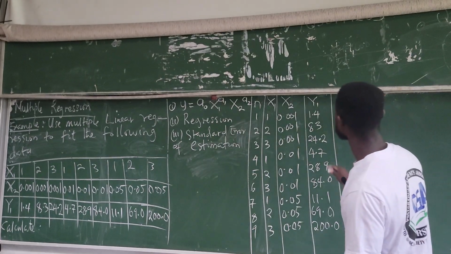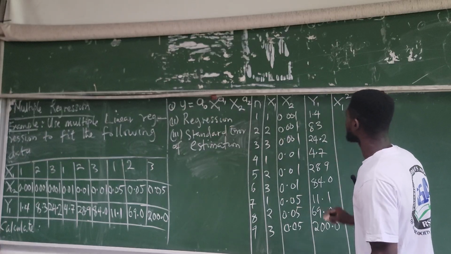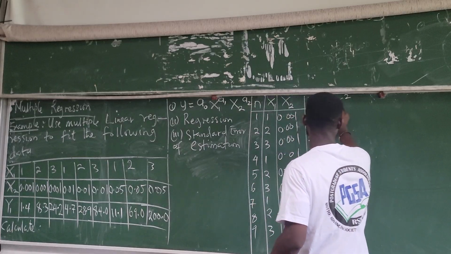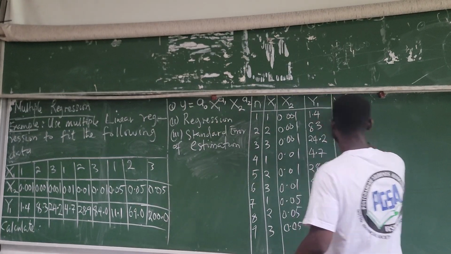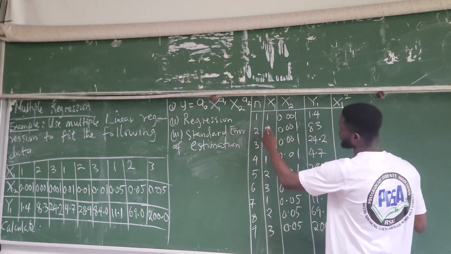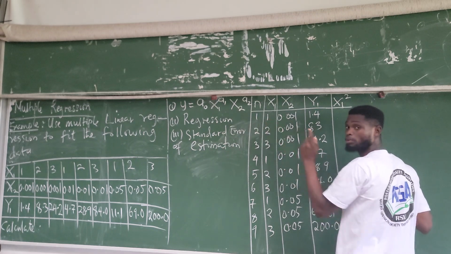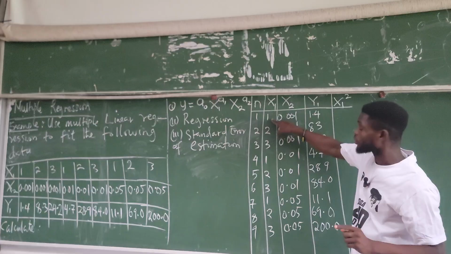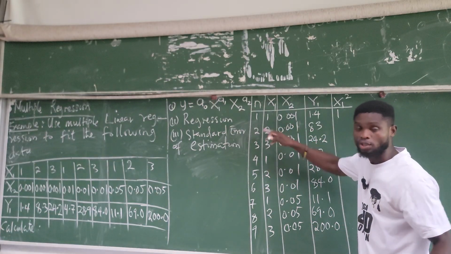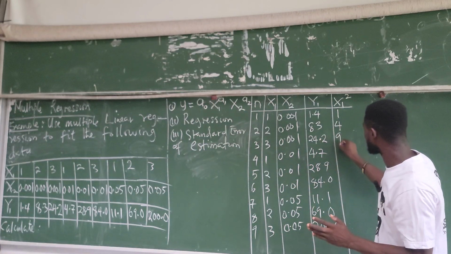After having our y1, we're going to have our x1 squared. X1 squared means we take the square of the column of x1. 1 squared is 1 times 1, which gives us 1. 2 squared, that is 2 times 2, gives us 4. 3 squared, 3 times 3, gives us 9.